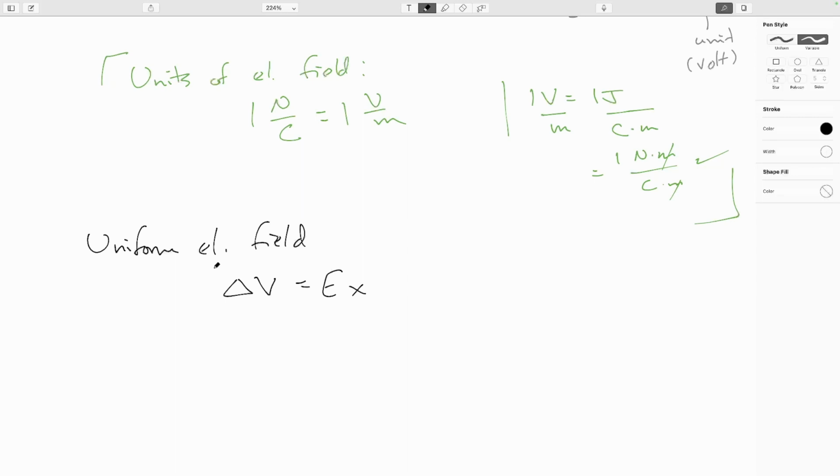I'm not going to get too strung out about plus or minus signs, so I'm just going to throw an absolute value around it. But basically the idea is, say over here, this is my electric field. Then I look at this point here, parallel to it. This distance is X. What we'll see here is that electric field lines always run from high voltage to low voltage.